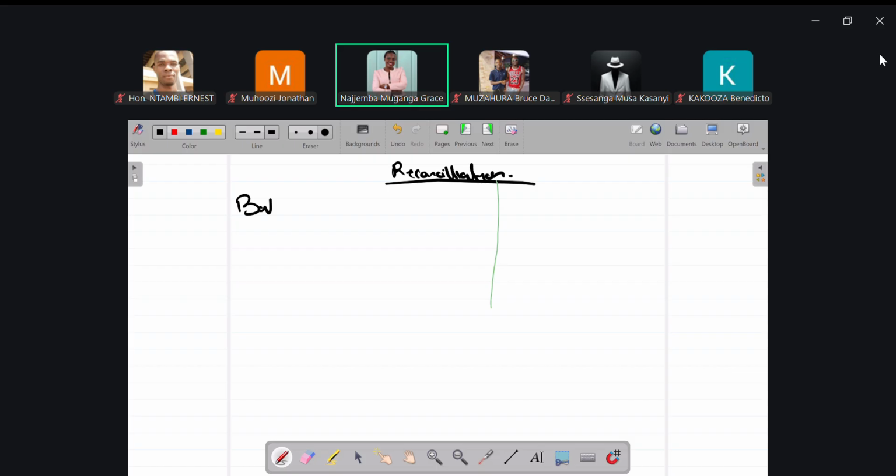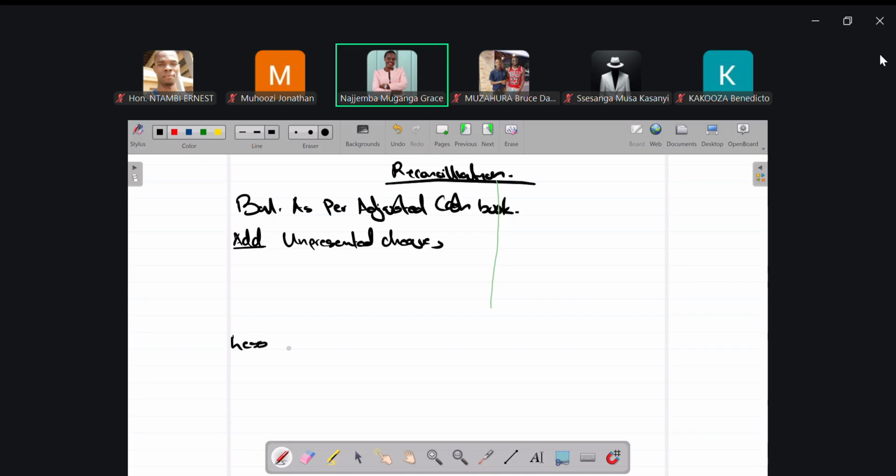Reconciliation statement, which is balance as per adjusted cash book, then add unpresented checks, less uncredited check.